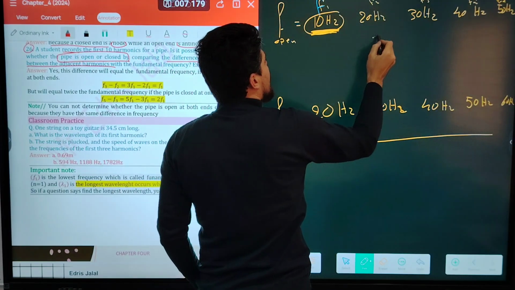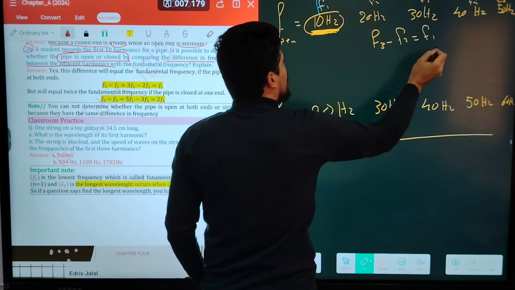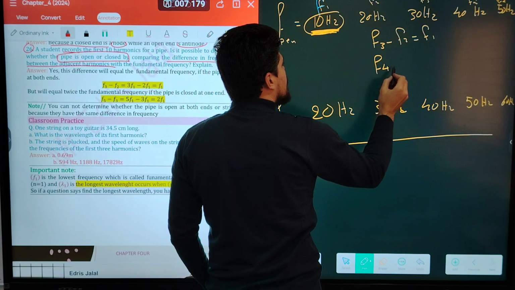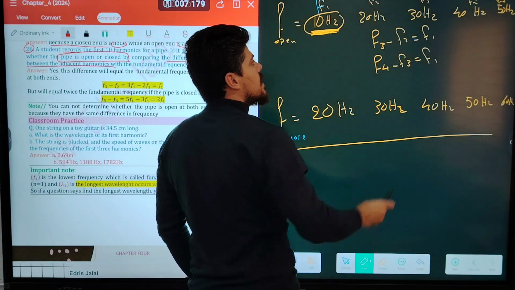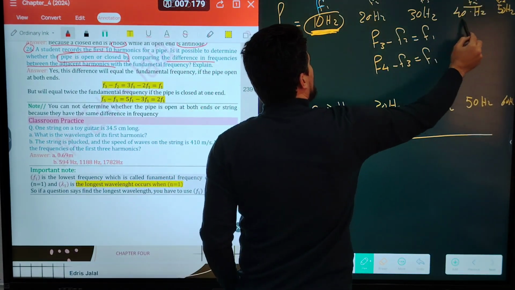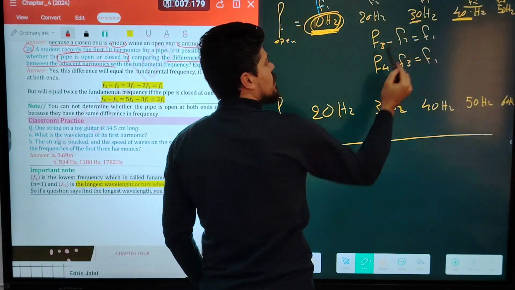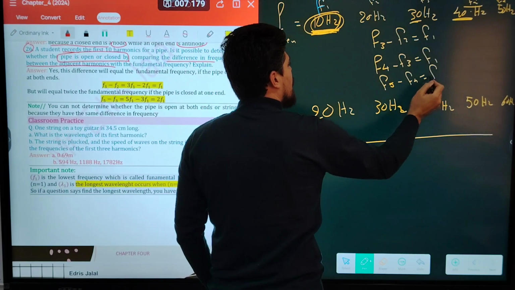So can we say that F3 minus F2 is equal to F1? Yes. F4 minus F3 is still equal to F1? Yes. What do we have in the fourth harmonic? 40 minus 30, 10, which is equal to F1. F5 minus F4, F1.